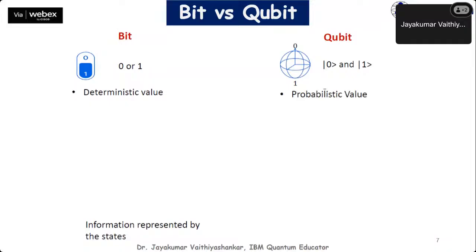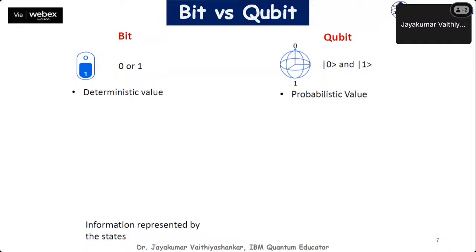Wherever you use a qubit, it will contain a probabilistic value. So each and every time the value will change randomly and dynamically. Sometimes you will do an operation, you will put some quantum gates, and your values will get changed. Sometimes the values will get changed automatically because of noise in your quantum hardware.